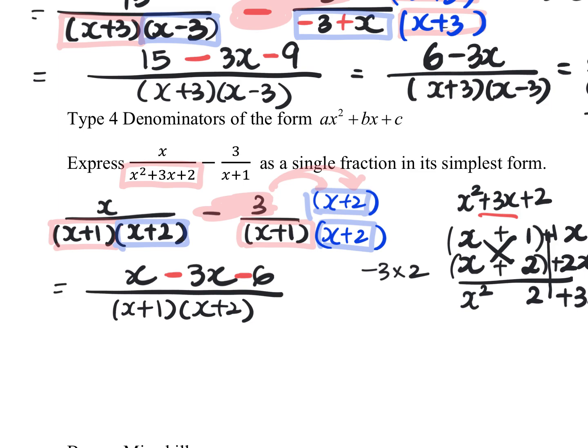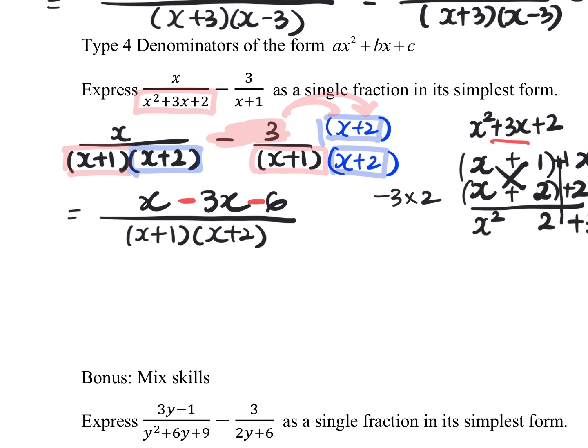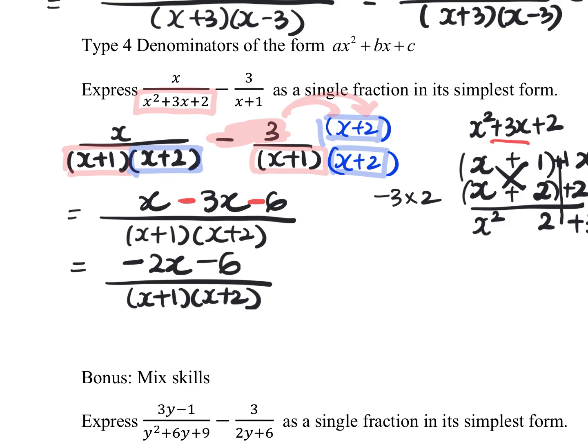Remember to change your sign. And let's simplify this. We have our denominator, and x minus 3x will give you a negative 2x minus 6.